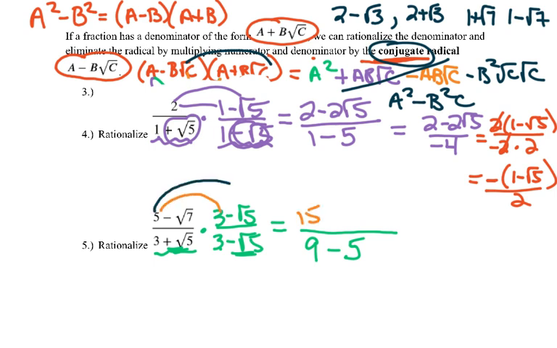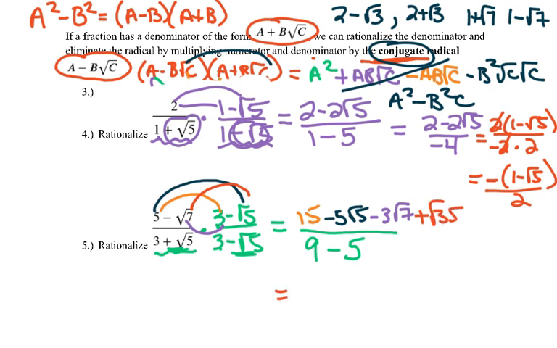Our outers is 5 times a negative radical 5. Our inners is a negative 3 radical 7. And then finally our last is a radical 7 and a radical 5, which is a radical 35.